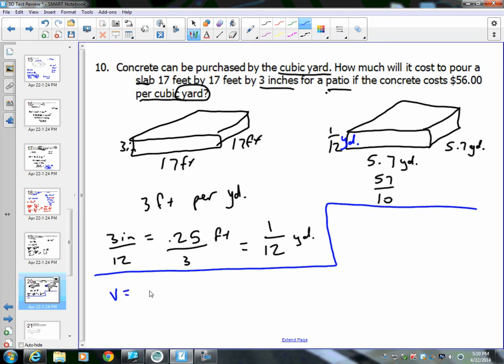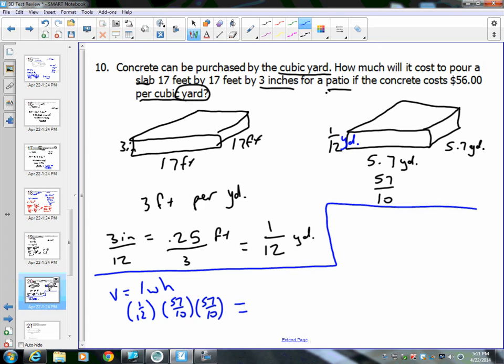So we're going to say volume of a rectangular prism being length times width times height. So we're going to say it's 1/12 times 57 over 10 times 57 over 10. If we do all of that, I know it's kind of crazy. 1 over 12 times 57 over 10 times 57 over 10.